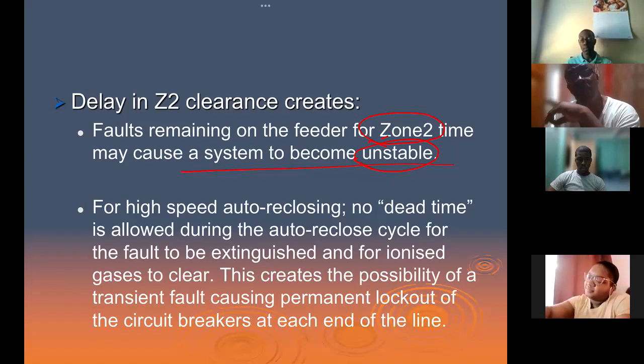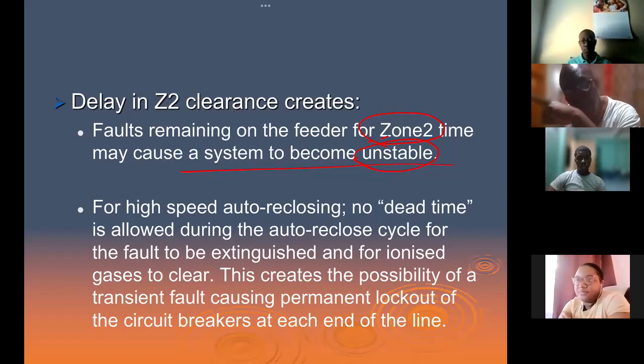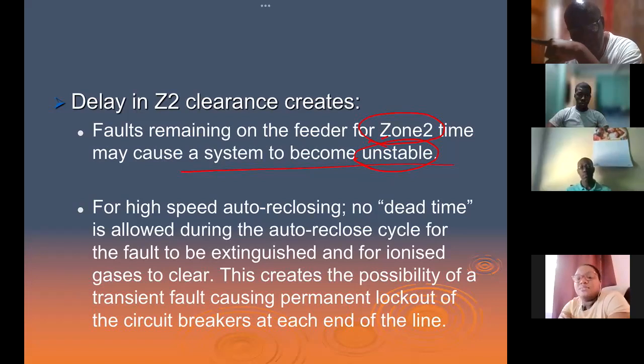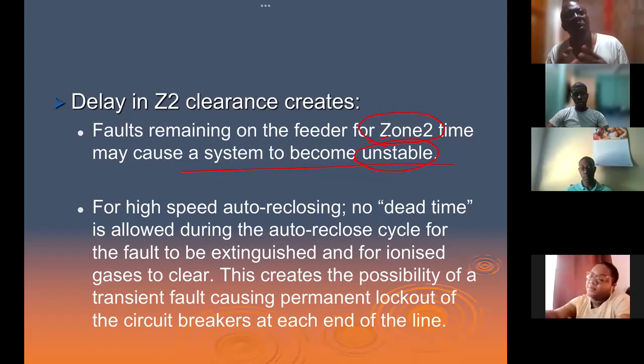So what the auto recloser does, and what I'm saying now is by policy from the particular utility that you are going to work with. By policy, the utility will determine how many times the auto recloser cycles.